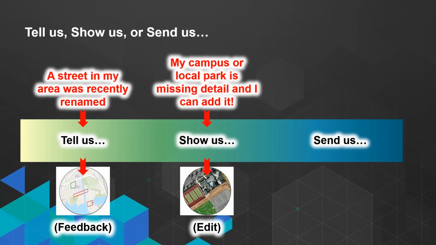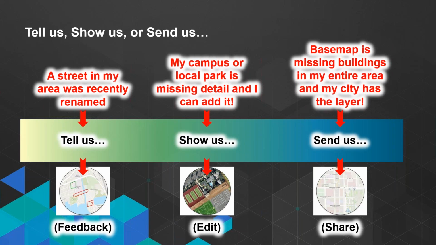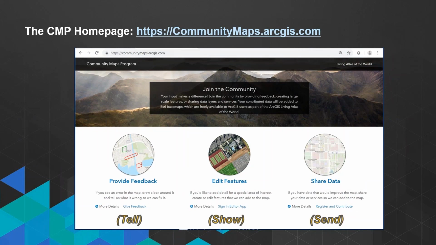We're going to demonstrate this a little bit with our editor app. And then again, if you are a curator or a creator of data layers, you're still going to be able to share that content with us and improve those base maps. So those are the three areas, and we're going to go into each one of those. I'm now going to bounce it over to Mike and let Mike take it from here.